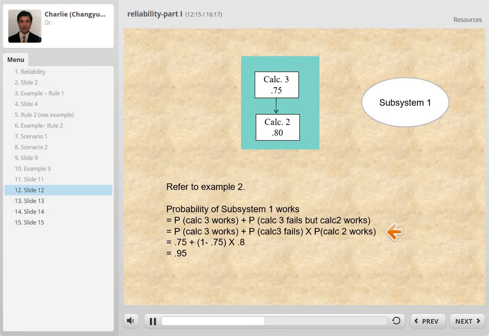So it equals 0.75, which is Calc 3 works, plus 1 minus 0.75, which is Calc 3 fails, times 0.8, that's Calc 2 works, equals 0.95. I'm going through this briefly here. If you need, please go back and review example 2. This is the same setup as example 2, just with different probabilities.